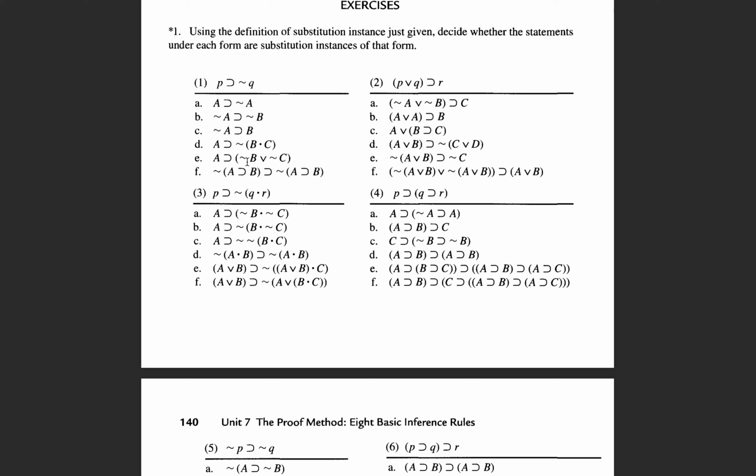Disjunctive syllogism. There's one negation, right? The disjunctive syllogism says, right, two premises and a conclusion, given a disjunction and given the negation of one of the disjuncts, you're entitled to infer the other disjunct. Okay?